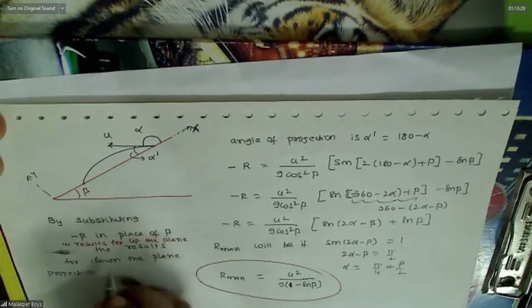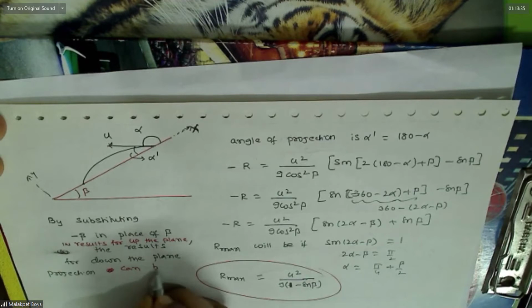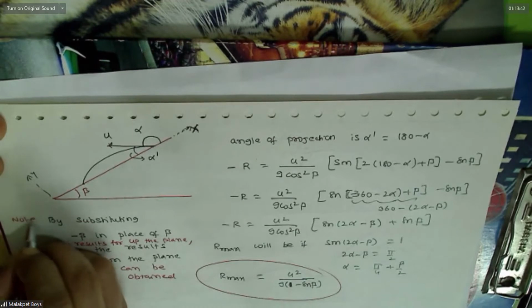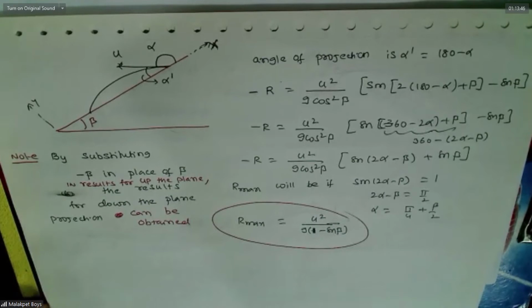Okay, the results for down the plane of projection can be obtained. Understood or not? Same thing now. If you observe those results, in place of beta, just substitute minus beta. You will get all these results.